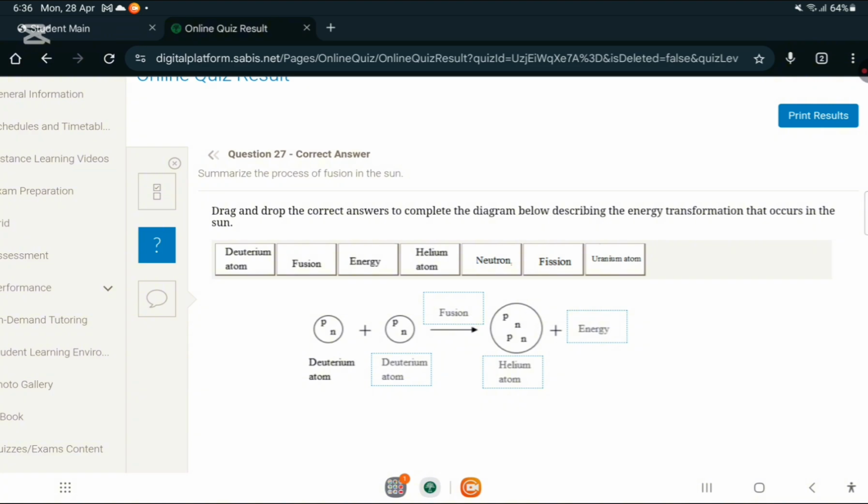There are two deuterium atoms, which are light, and they fuse together to make a helium atom, and they have leftover energy: chemical, thermal, light, kinetic, potential. It could be all of them, but they're all considered energy, so there's an additional energy left over.